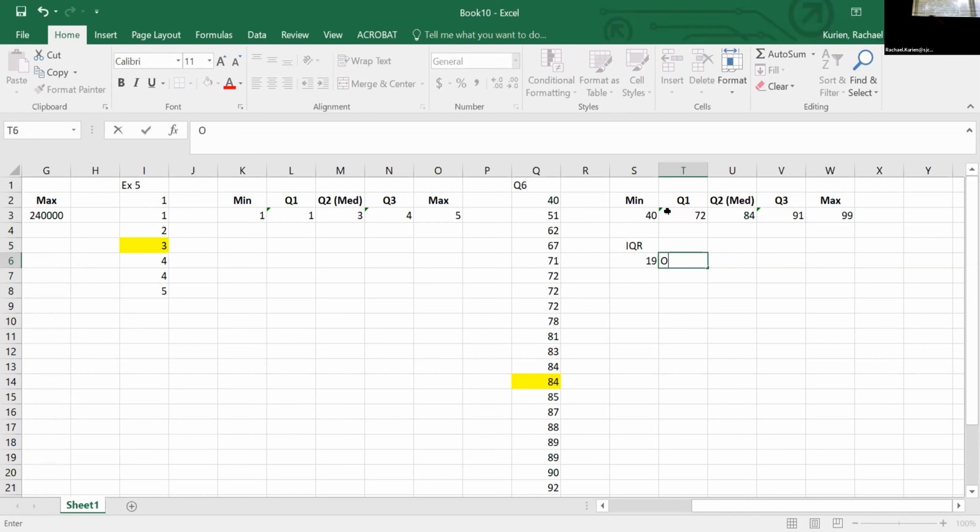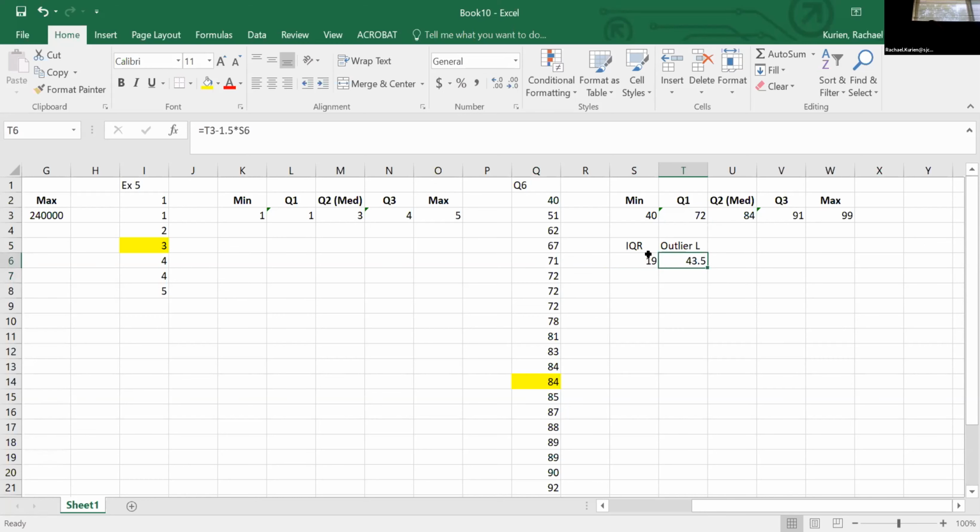All right, so let's look at the outlier for the left side. I'm going to call it outlier L just to look at the left. So we have quartile 1 minus 1.5 times the IQR.